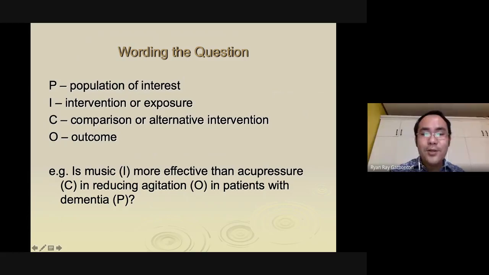When we look at this, we see that the music is the intervention, the treatment you introduce, more effective than acupressure, which is the comparison or alternative intervention, in reducing agitation, which is the outcome, in patients with dementia, which is the population. So it contains the PICO: the population, intervention, comparison, and outcome.